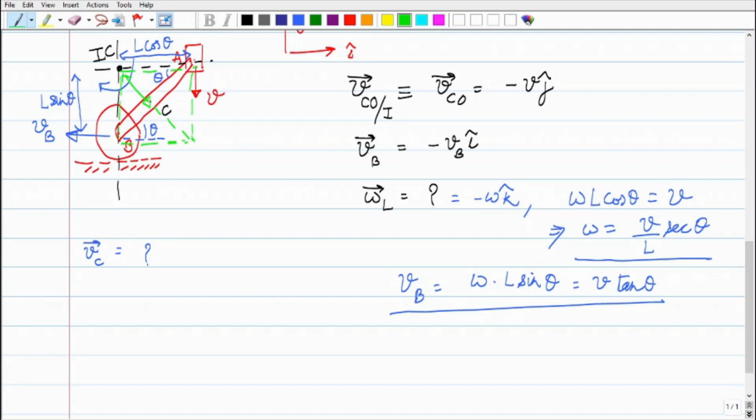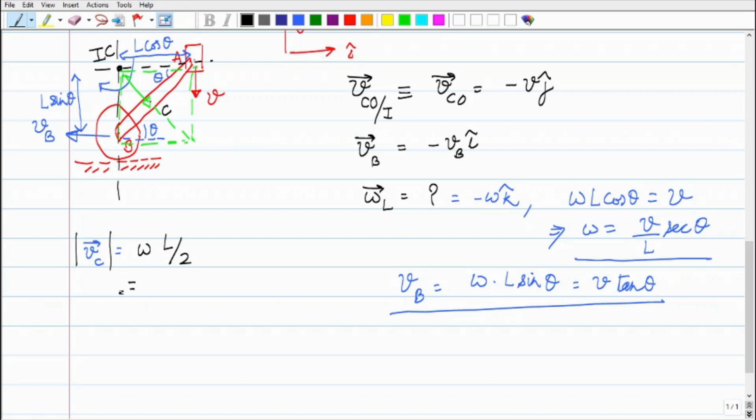So what is then VC, the velocity of the center of the link? Of course the direction is a bit tricky, but the magnitude is not hard, right? So this magnitude is simply omega into L by 2.